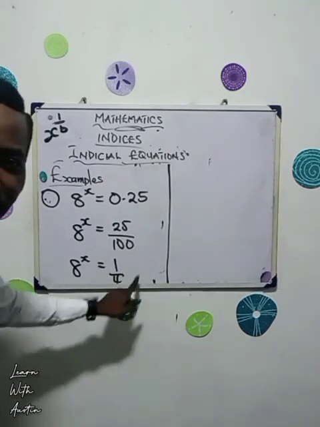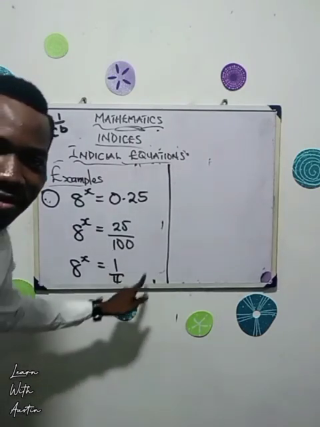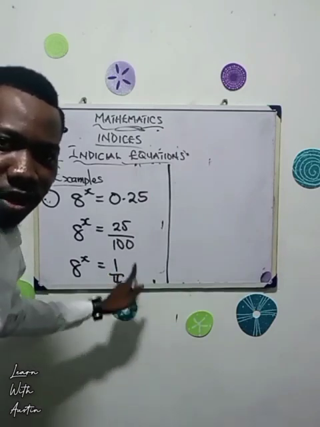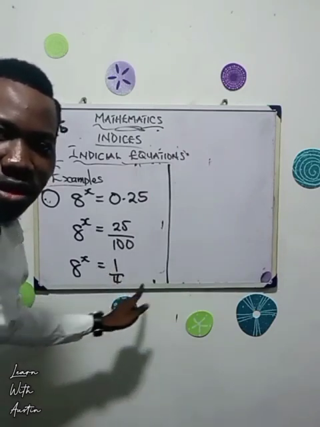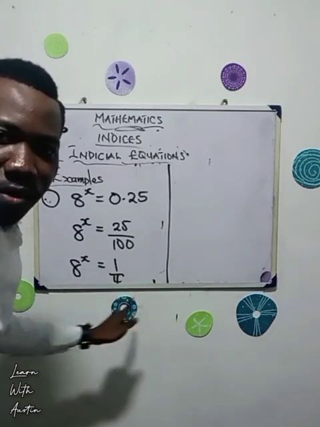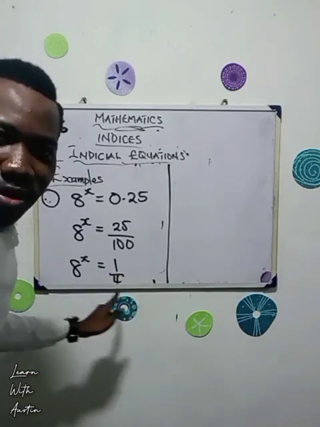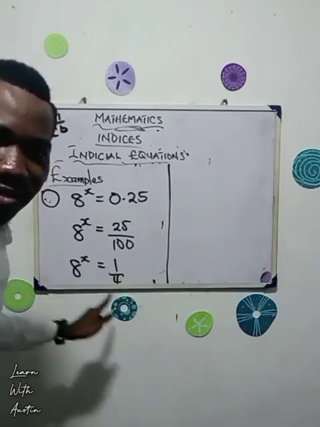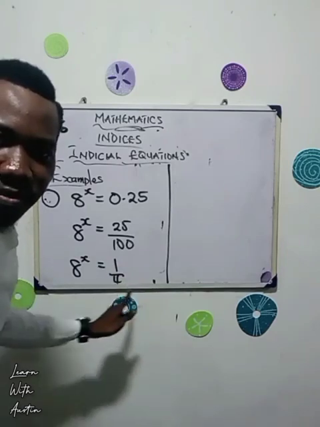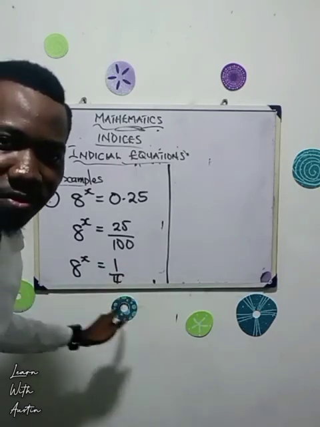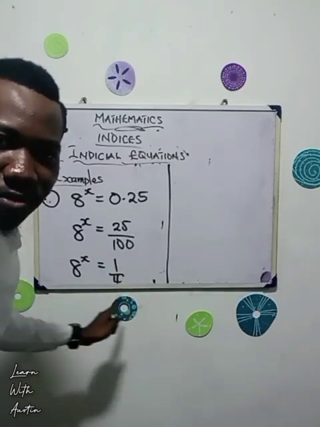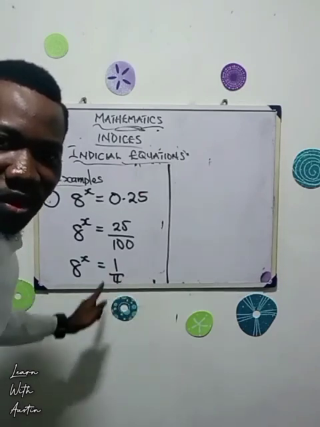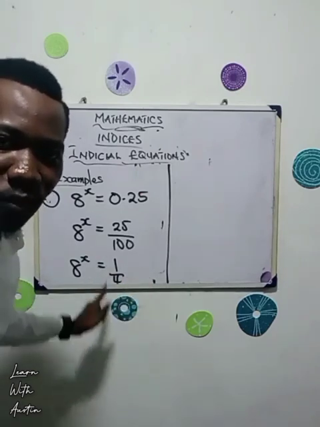Now let's write this 1 over 4 in index form. What will it be? 1 exponent minus 4. Okay? I'm waiting for others. 1 over 4, what will it be?